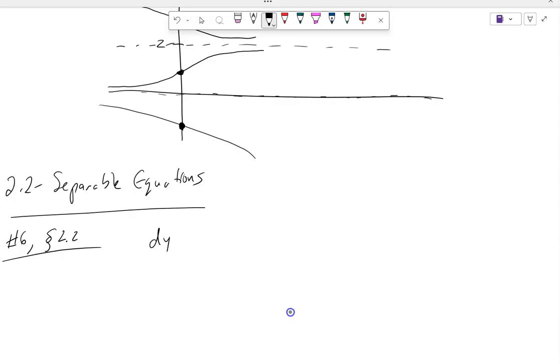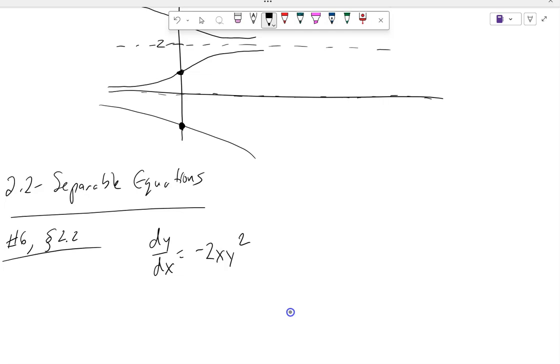I'm going to write it as dy dx equals negative 2xy squared. All right, so we've got this written in that normal form, right? We've solved it for dy dx.